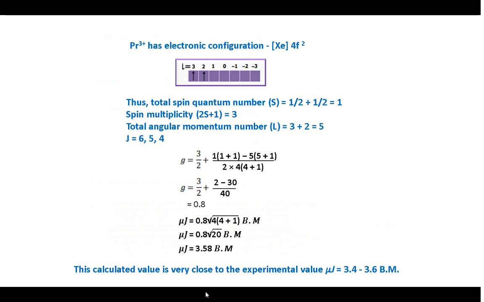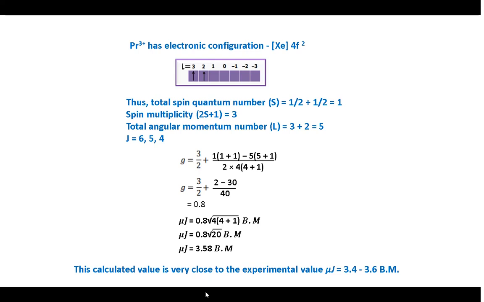Now let us calculate Landé factor g and μJ for praseodymium 3+ ion. Praseodymium 3+ has electronic configuration xenon 4f2. The ground state from Hund's rule is shown here.